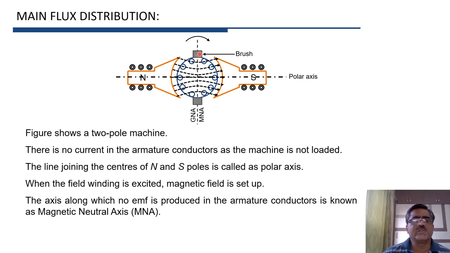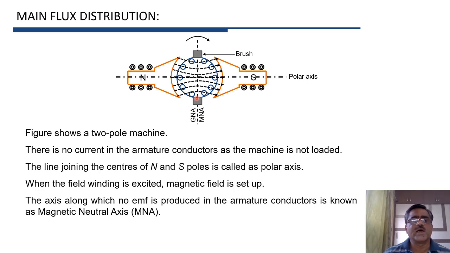For example, if in this position there is one armature conductor, then its movement will be parallel to the main flux. So it will not cut any flux, and therefore EMF induced in that conductor will be equal to 0. Similarly, if there is one conductor here, then its movement will be parallel to the magnetic flux, and therefore no EMF will be induced in that conductor.